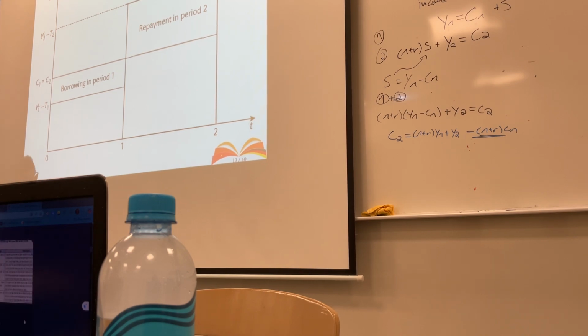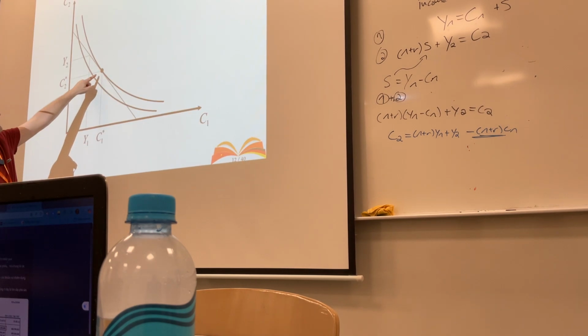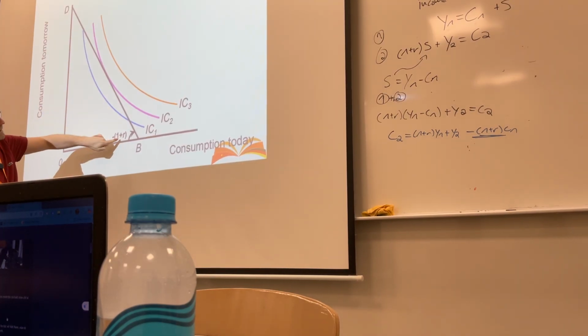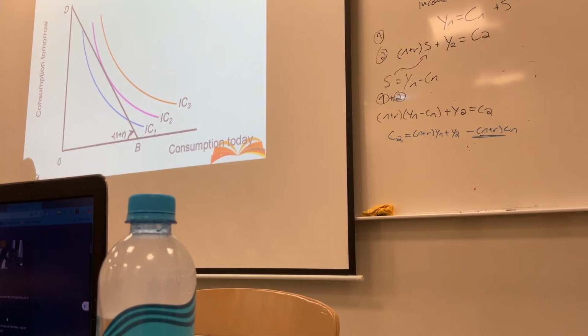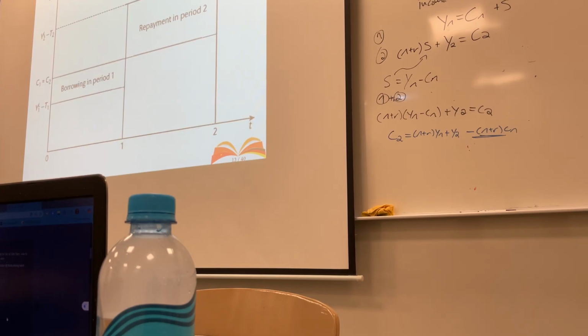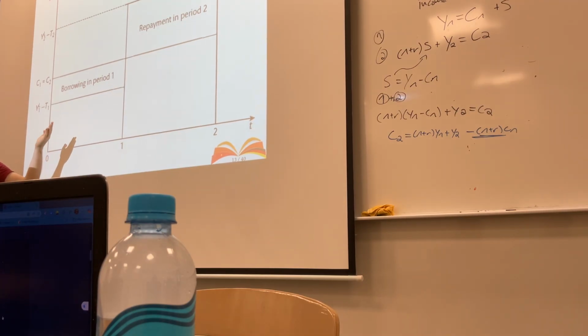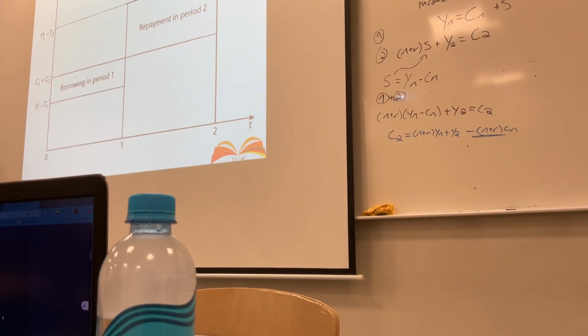Which is why it's at this point of tangency, where the slope, the size of this, is related to the real interest rate in equilibrium. That's where the increase in the size of the box because of the real interest exactly matches the decrease in the size of the box from today's perspective because of our impatience or discounting. So through the lens of period 1, the size of this box is exactly equal to the size of the box of the borrowing in period 1.